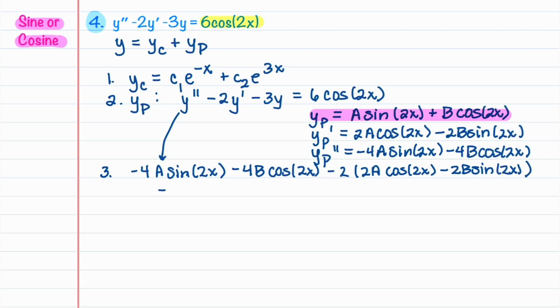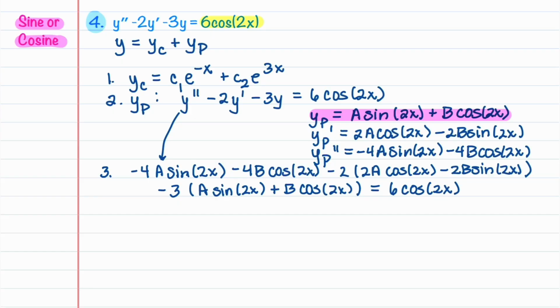And then we have a minus 3 times y. So we have a sine 2x plus b cosine 2x. And then the right-hand side is 6 cosine 2x.